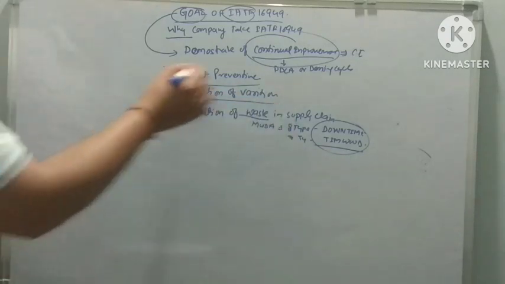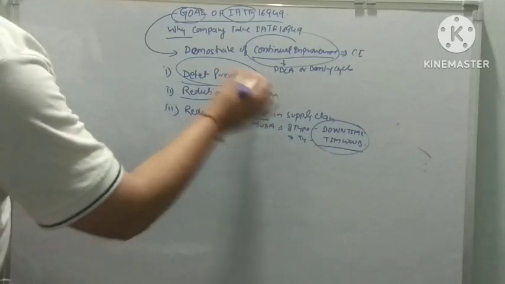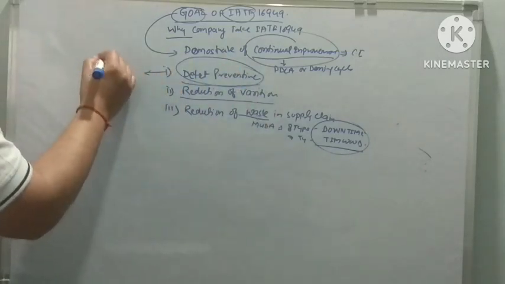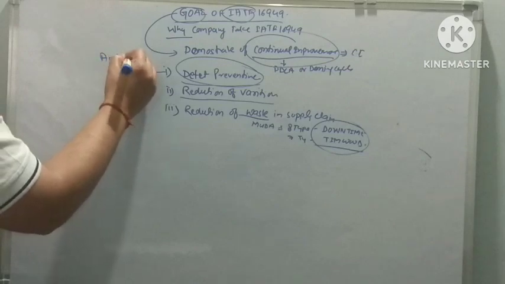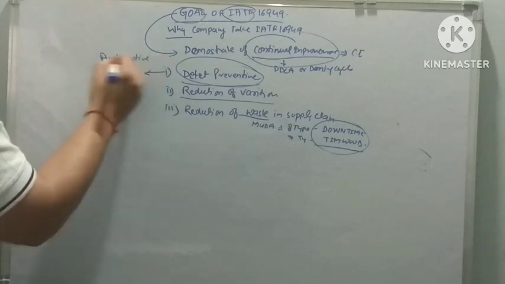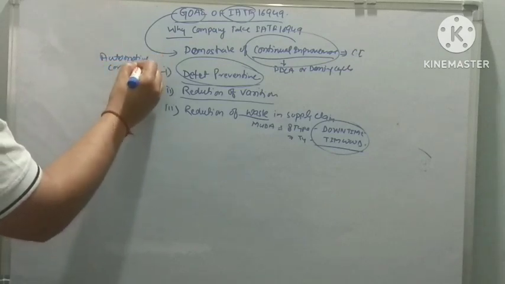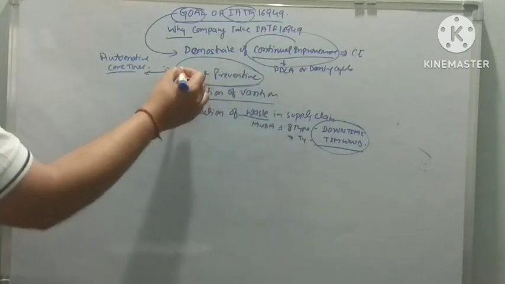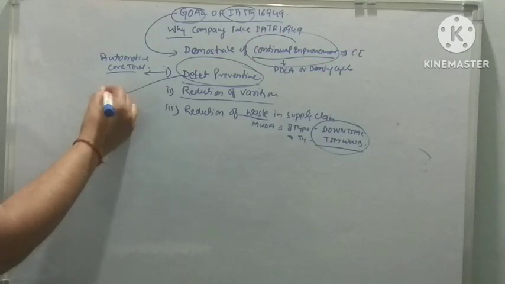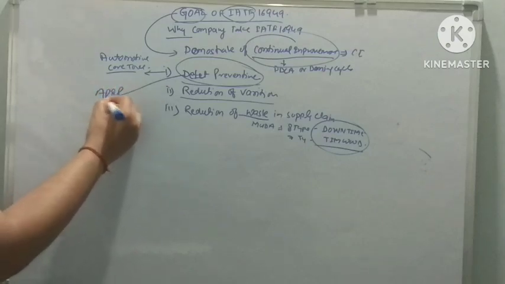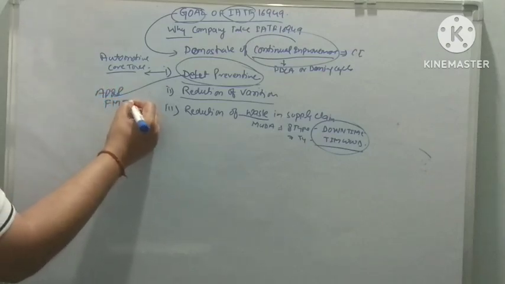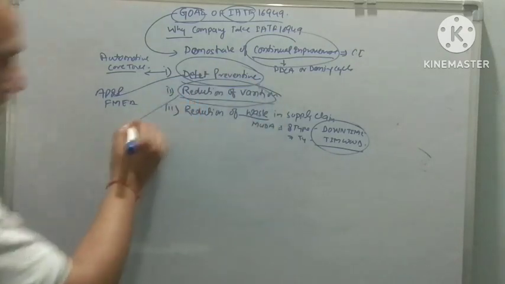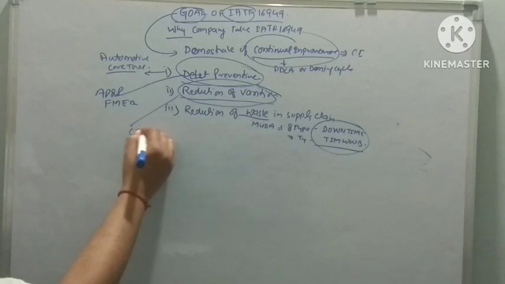Now let's talk about how you will prevent defects. We use automotive core tools. Which core tools do we use for defect prevention? We use APQP and FMEA. How will we control the reduction of variation? We use SPC and MSA.